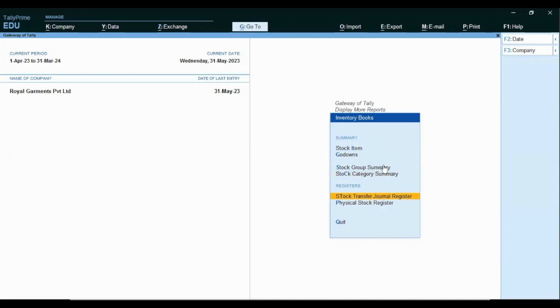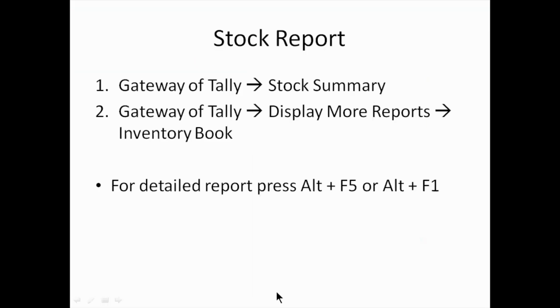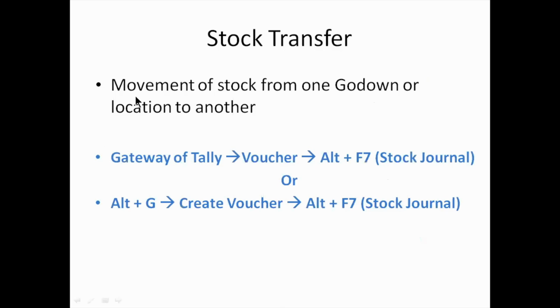So our next part is stock transfer. Suppose we want to transfer stock from one godown to another; we pass a stock journal. So what is stock transfer? Movement of stock from one godown or location to another. And how to pass that stock journal?